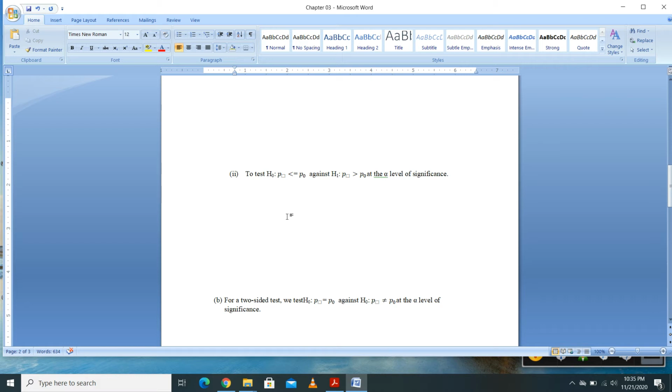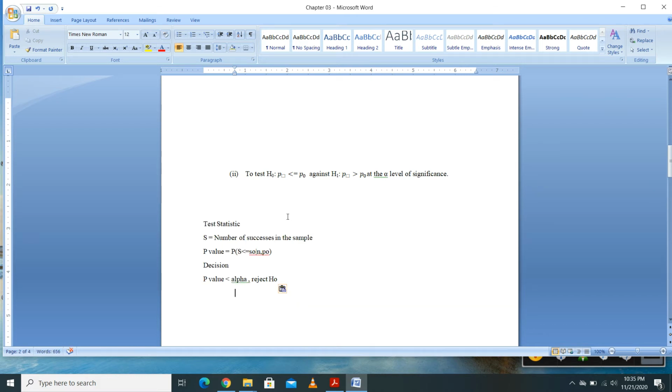First, we write down the hypothesis, then the test statistic. It would be the same: the test statistic is the number of successes in our sample.